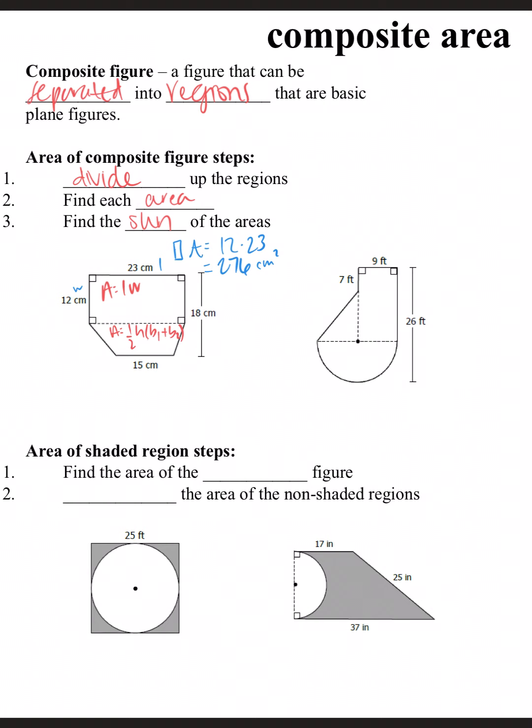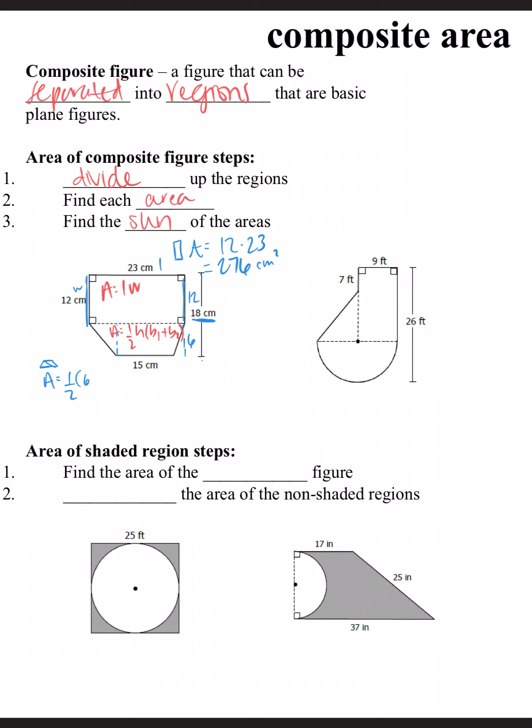Okay, the area of the trapezoid is 1/2 times the height. What's our height? This is what I'm talking about. We can use the information given that the total height of this figure is 18. We know this part right here is 12. So 18 minus 12 gives me 6.